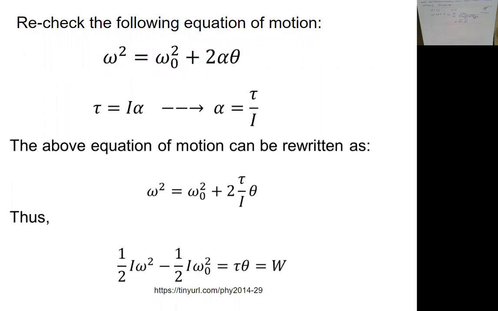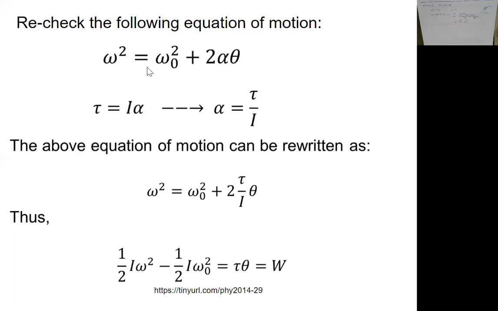Next we'll check the work energy theorem in this case. Similar to when we checked the work energy theorem in linear motion, we start with the last equation of motion, v squared equals v0 squared plus 2a d.